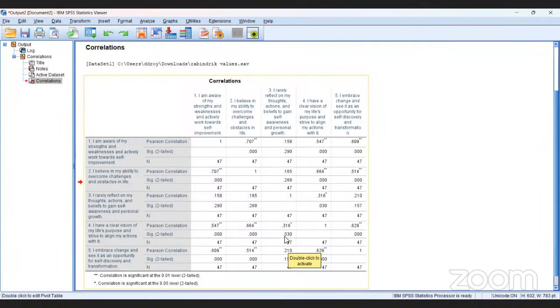For example, item number 3 is only correlated with item number 4, 0.31, but not item number 5. So you may think that this item is not a good item.